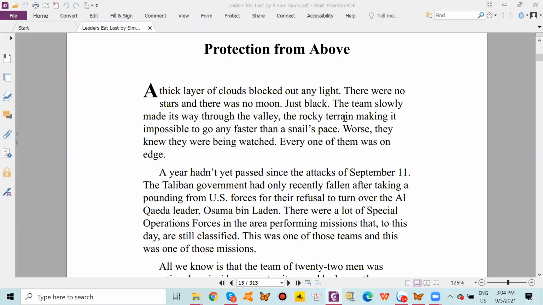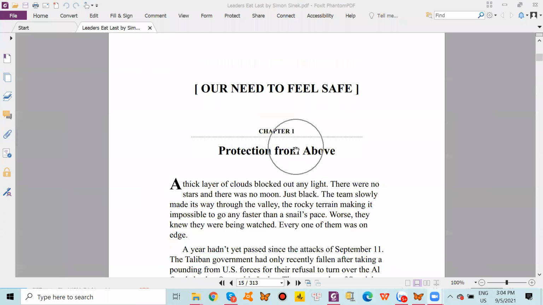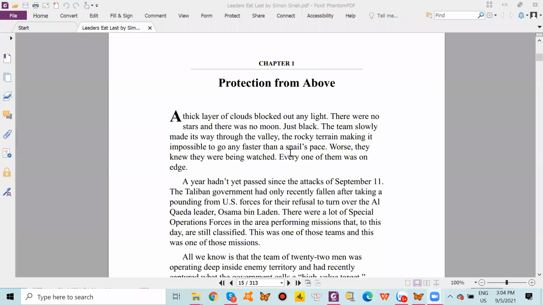So today we are going to begin our lessons based on The Leader is Lost. This is the first book we used to study: The Leader is Lost, Protection from Above. So we are going to study first by what?